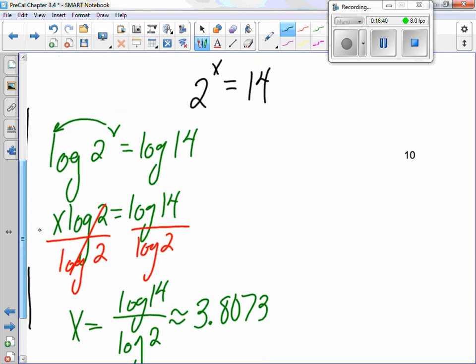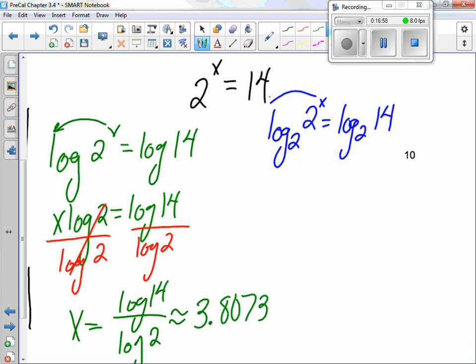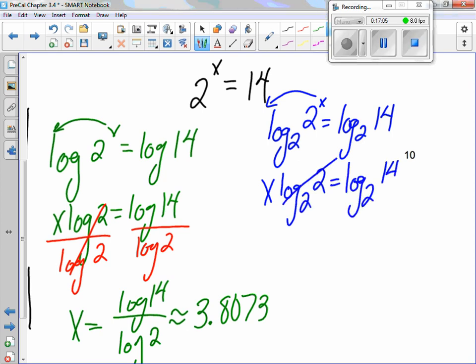Now, some of the times I'll use ln instead of log. I can do ln of both sides. That works out well. Another way I could have done this is log base 2 on both sides, which is the same thing.